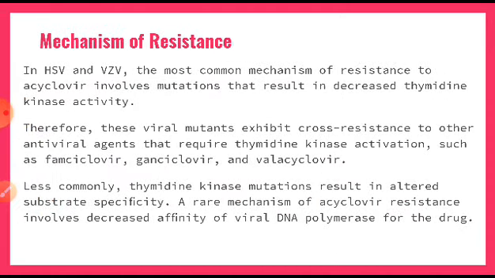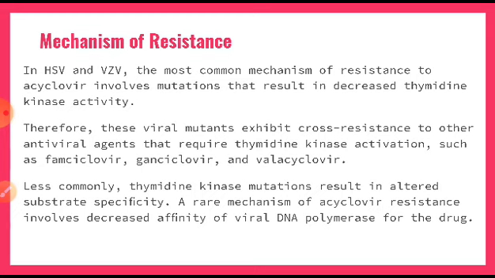Now the mechanism of resistance is also very important here. Herpes simplex and varicella zoster virus have developed resistance during therapy with acyclovir. In herpes simplex virus, due to mutation, it becomes deficient in thymidine kinase.